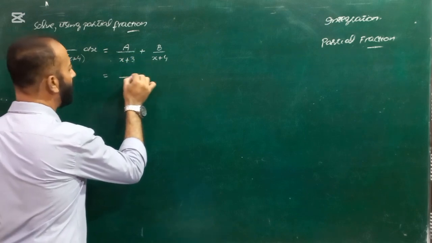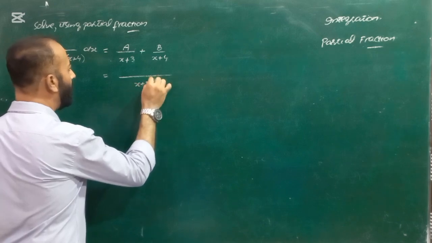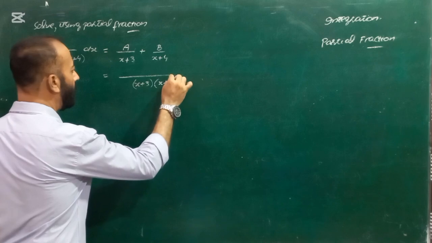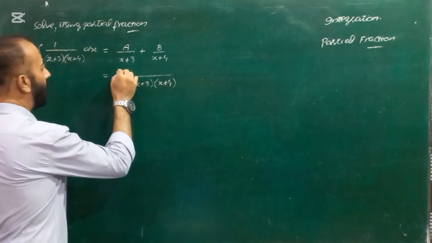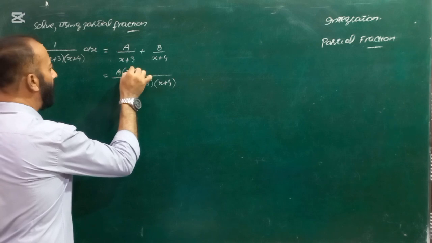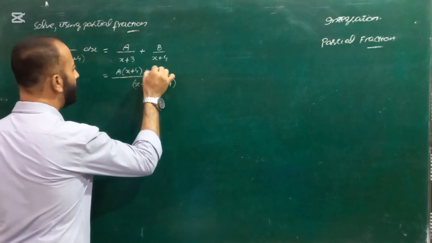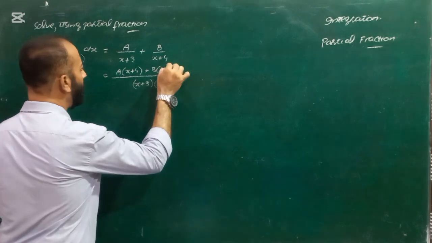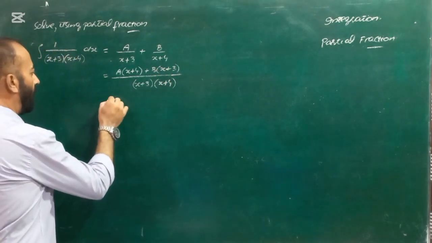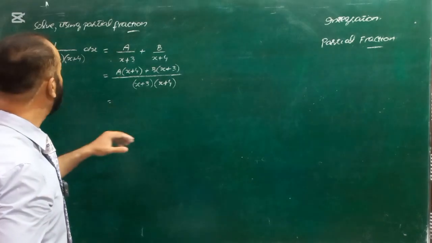So the LCM of the right side is x plus 3 into x plus 4. After taking the LCM, this will become a into x plus 4 plus b into x plus 3. Okay, at this step actually we want the values of a and b.